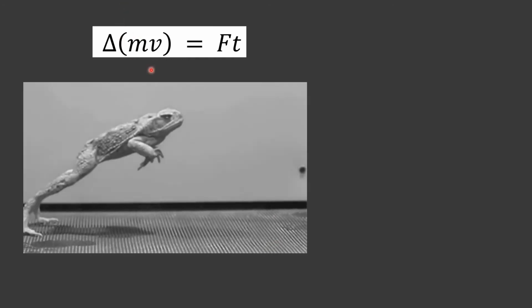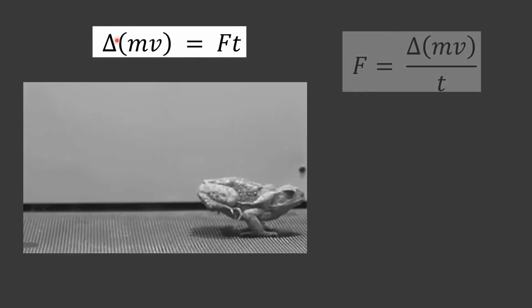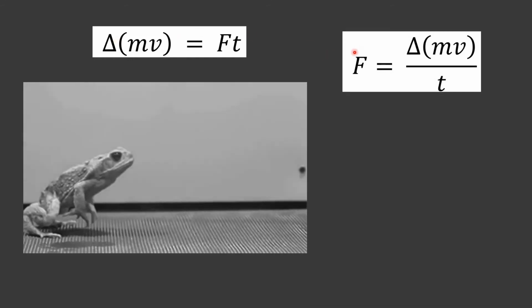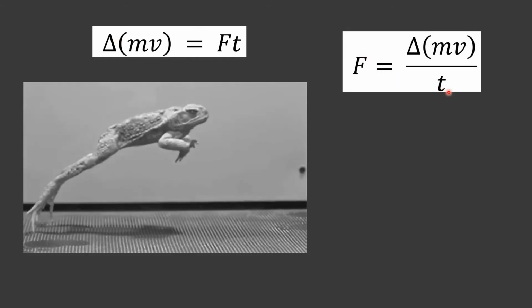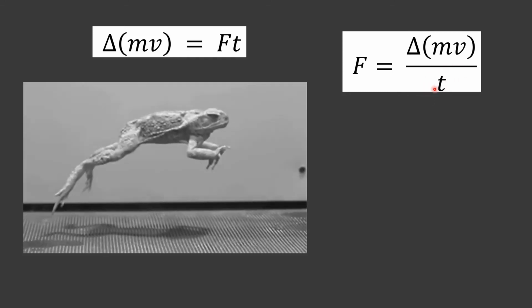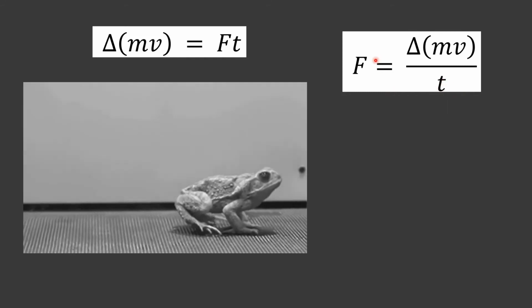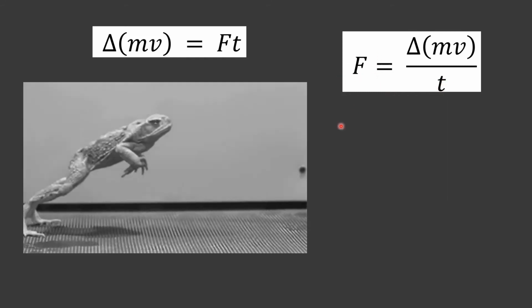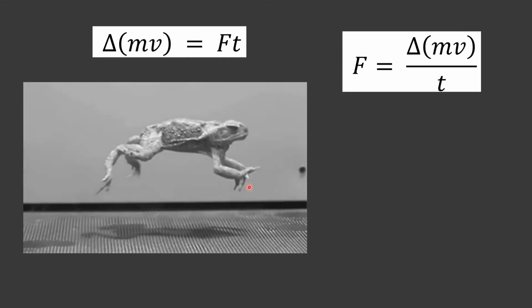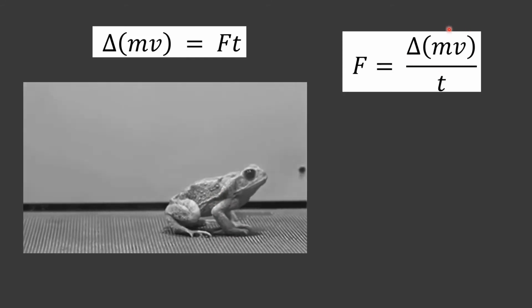So I'm going to take this equation up here and I'm going to rearrange it with algebra to solve for force. So now time is in the denominator here. So what that means is if you apply the force over a longer time, then you'll have a smaller force. So if you watch the frog here, the frog's extending the time in which the momentum is changing.